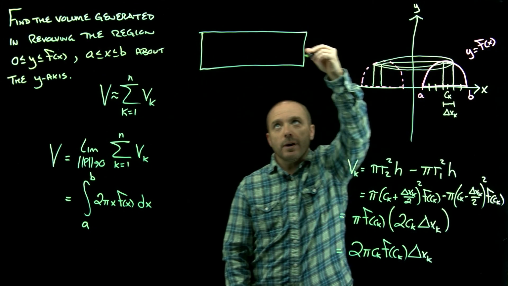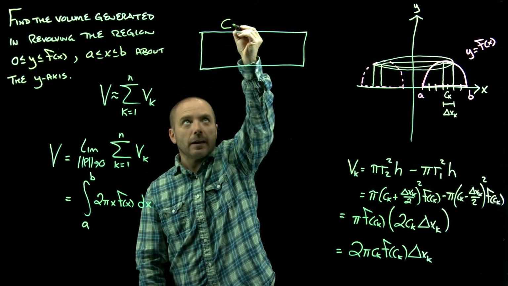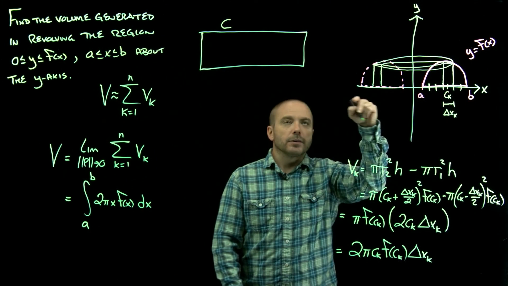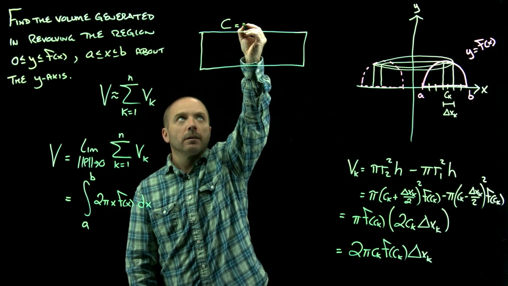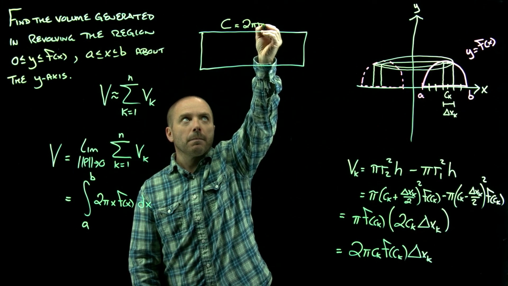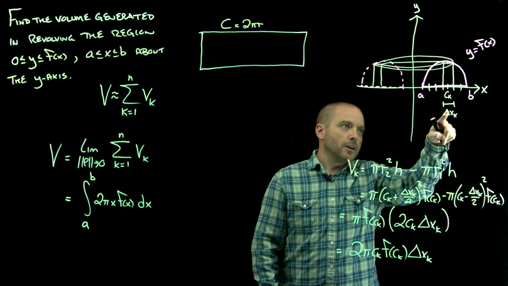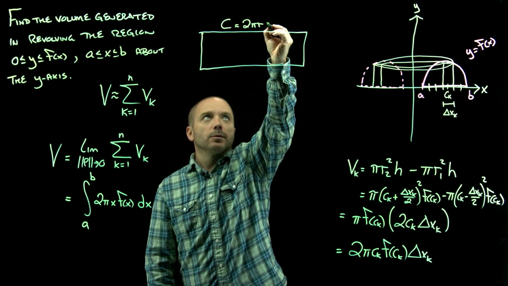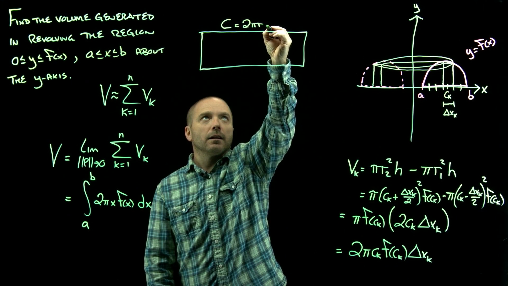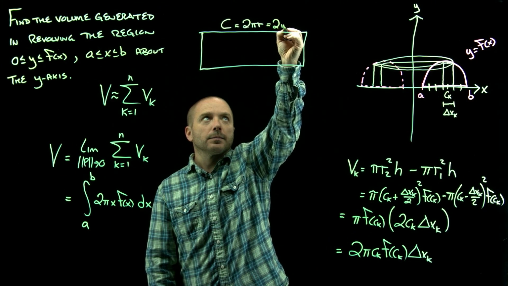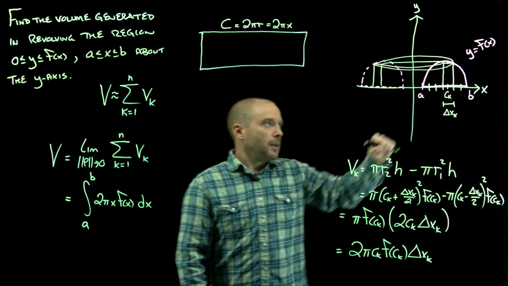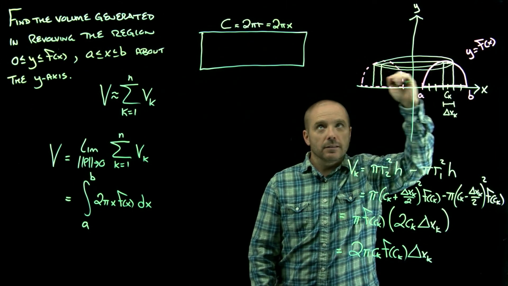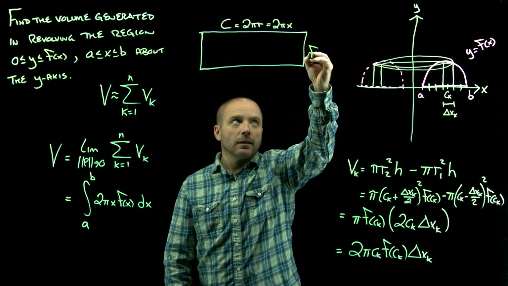The circumference around ends up being that dimension of your can. Well, circumference of a circle is 2 pi r. And the r is being determined by this x location. So I'll just say 2 pi x. The height of your can is the function f of x.